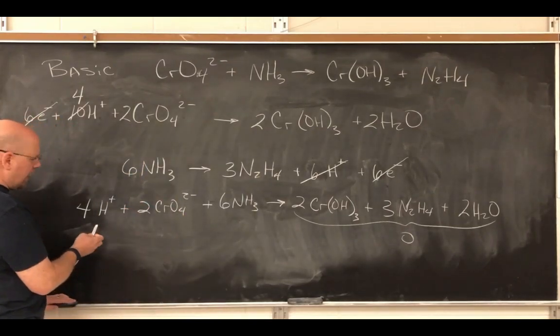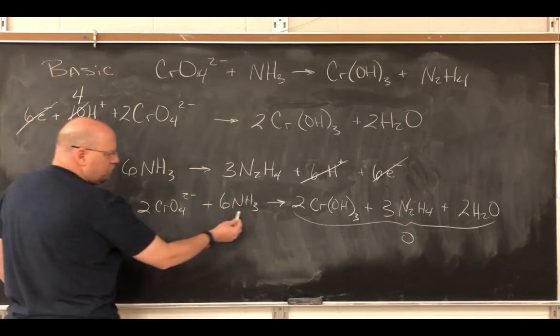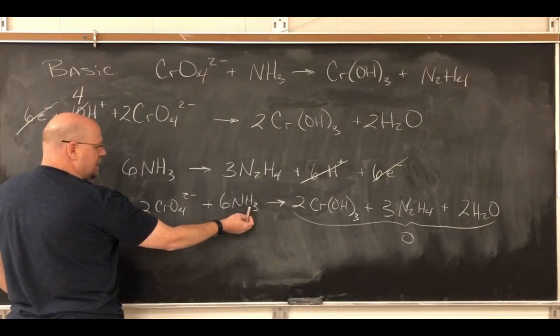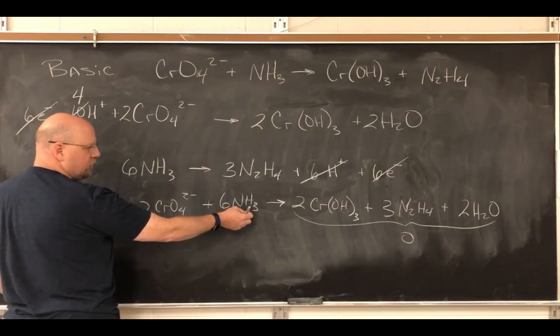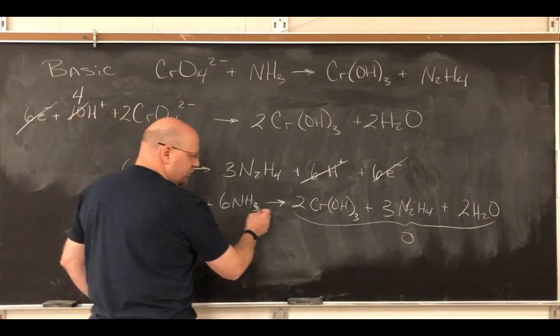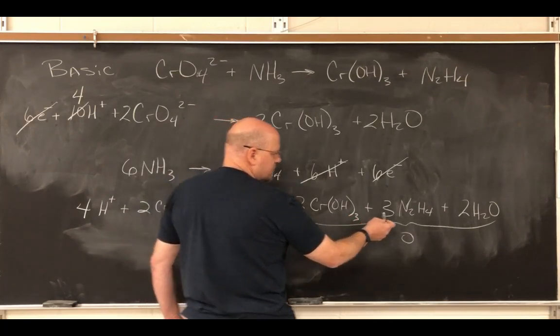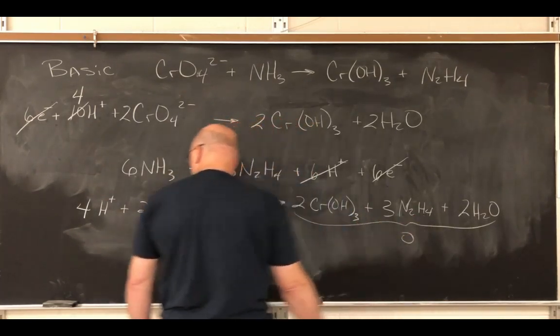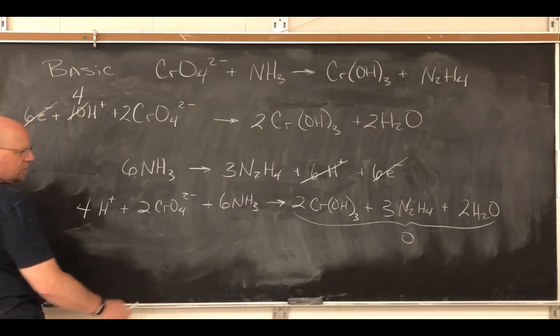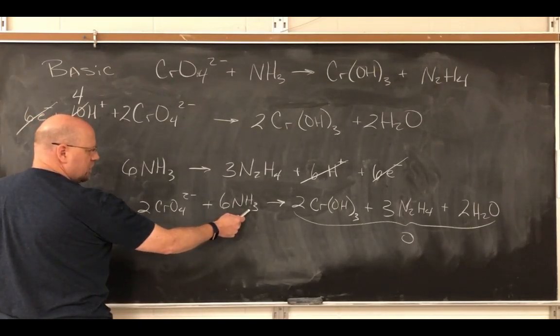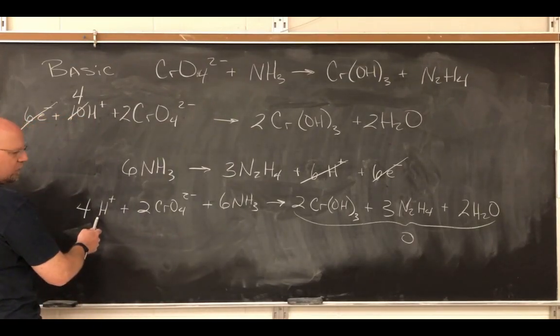Let's check our atoms. We've got 4 plus 18 is 22 hydrogens. So that's going to give us 6 times 3 is 18, plus 4 is 22.